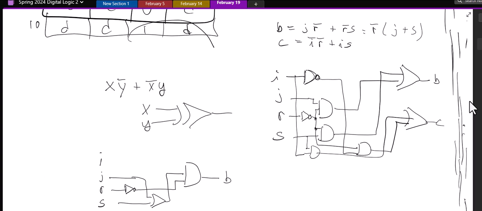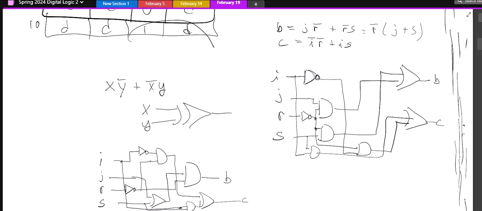And then I have not R ANDed with not I. And then I ANDed with S. And those ORed together, and that's C. Let's see, so that's 3 AND gates, 2 OR gates, 2 NOT gates, 4 AND gates, 2 OR gates, 2 NOT gates.